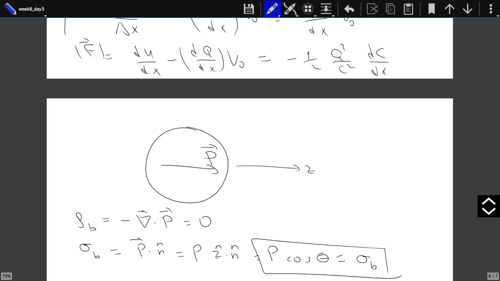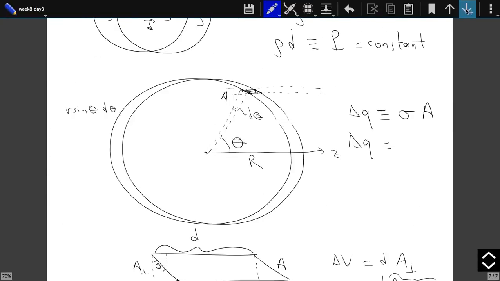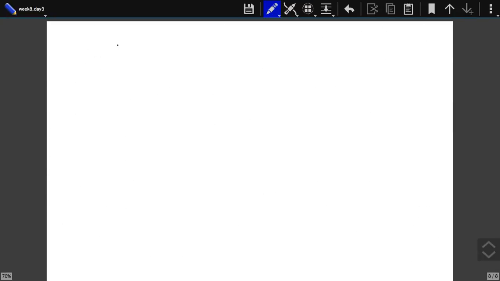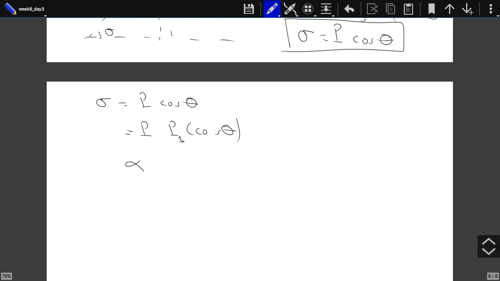Well, another way to see it: we have this charge distribution, which is P times cosine theta. Now, cosine theta is just P1 of cosine theta, the Legendre polynomial. But this is proportional to, the proportionality constants are not important, P times Y10.